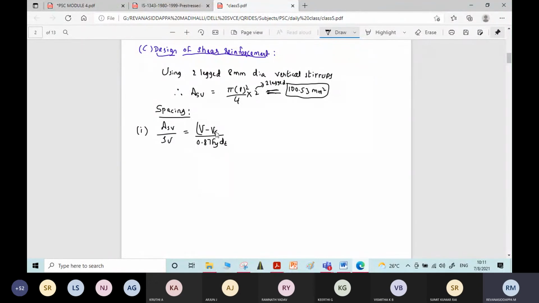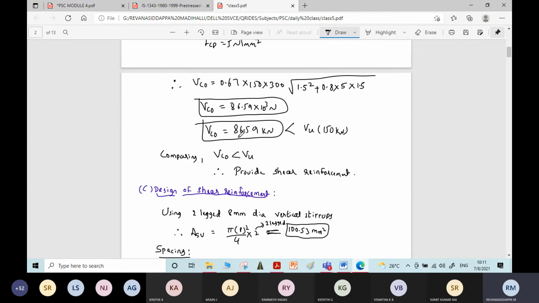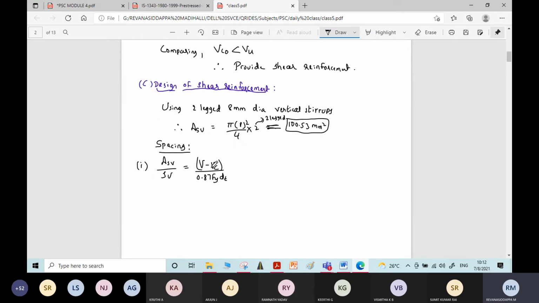V minus VC represents what? VC is the actual shear resisting capacity, and V is the shear force acting on the beam. For the rest of the shear force, that is 150 minus 86.59, you are designing the shear reinforcement. That is why it is taken as V minus VC.